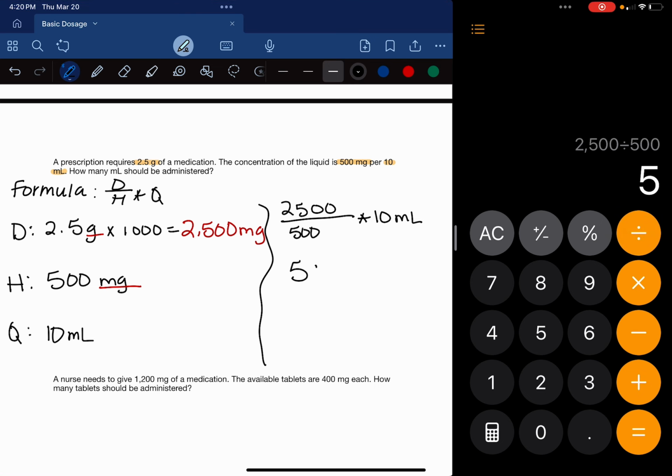So 5 times 10 ml equals 50 ml. And that's our answer. 50 milliliters is what we need to give for the patient to get 2.5 grams of medication.